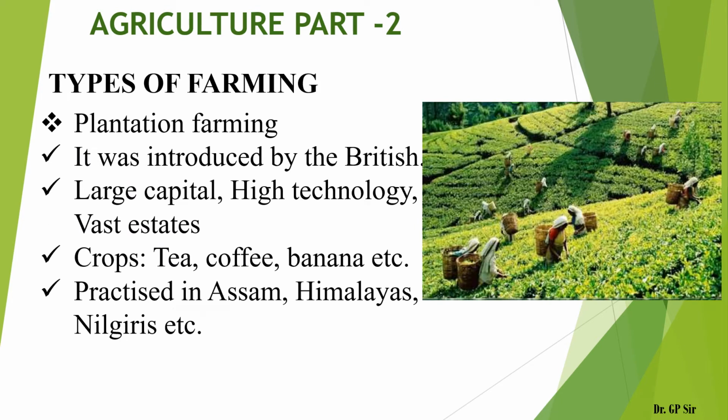Next, moving on to plantation farming. I told you I will show you the picture of an estate. You can see that picture of an estate, it could be a tea estate. This plantation farming was mainly used by the Britishers. They are the ones who started this, because tea and coffee estates were used.